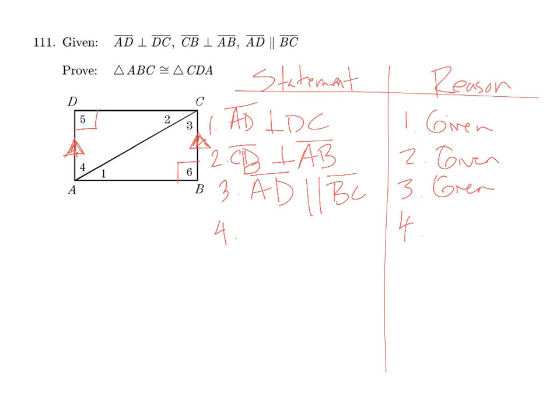So, I know that these angles here are congruent. Those are alternate interior angles. So I'm going to say angle 4 is congruent to angle 3. Those are alternate interior angles. And I know that these angles are congruent.